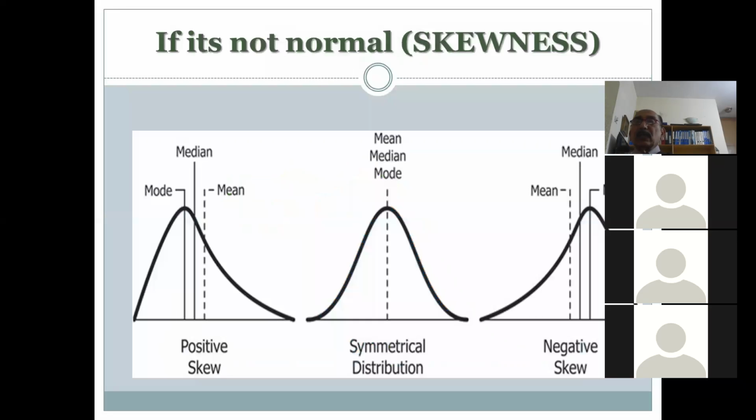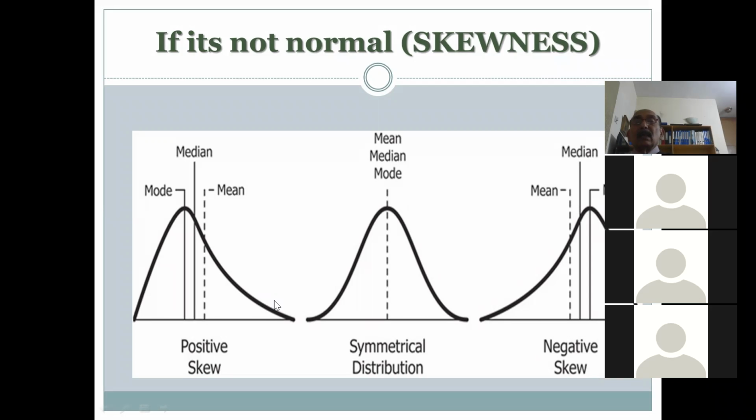And skewed distribution, when your data is not normally distributed, it may be positively skewed, it may be negatively skewed. Positively skewed, the right tail is longer than the left tail. Sometimes in your data, there are some extreme values, 1 or 2 extreme values. For example, income: you collect the income of 100 people.